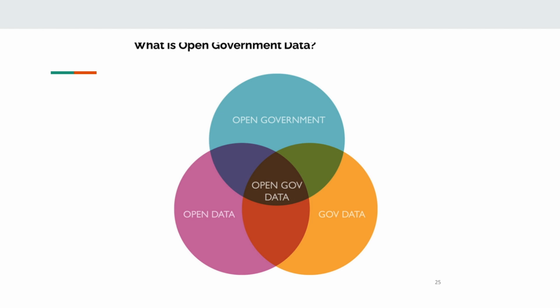We could also have education data, where you get school performance metrics, enrollment rates, geospatial data, maps, environmental monitoring, urban planning information, as well as transport data, where you get access to public transit routes, traffic patterns in real time. So these are just a few examples of open government data.